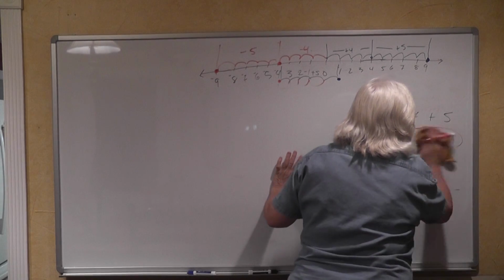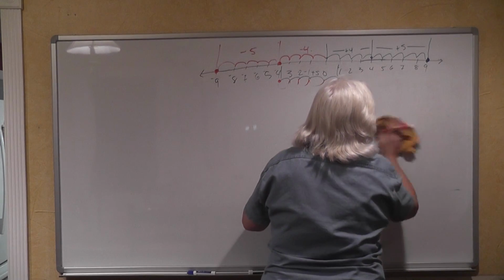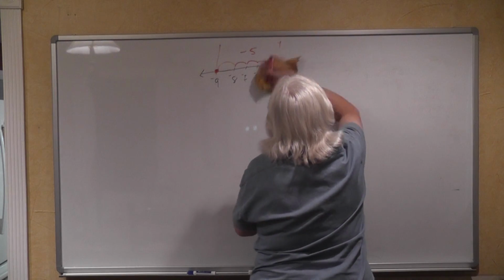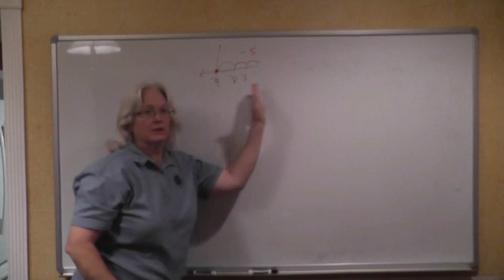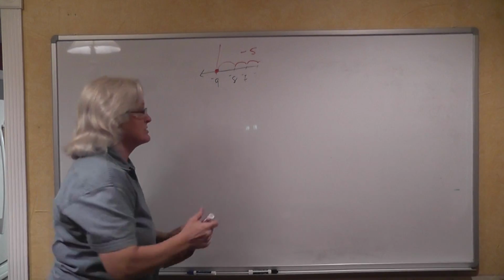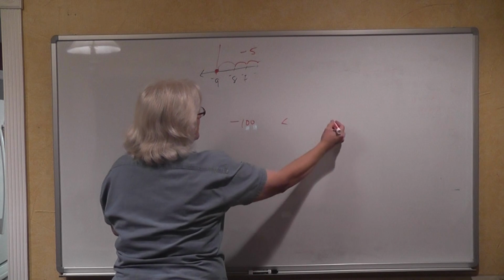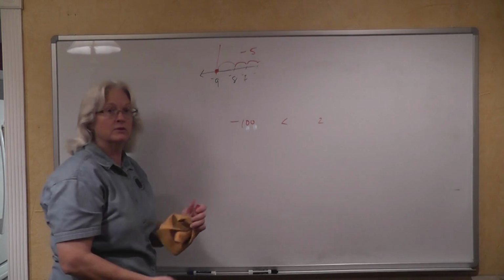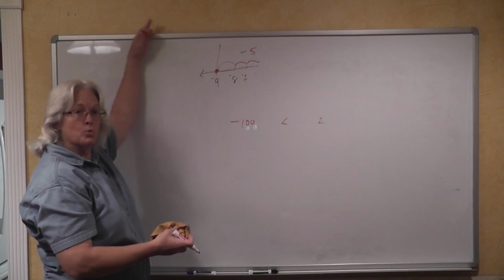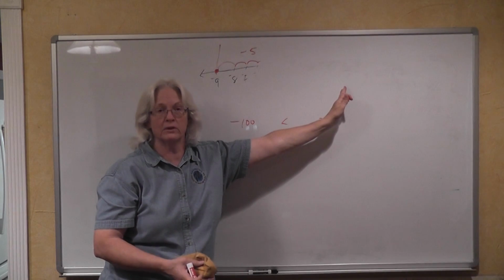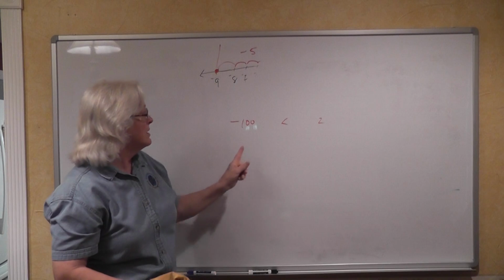Like a negative 100 is much smaller than a positive 2, because the negative 100 is way over here. Positive 2 is only just a little bit to the right of 0.